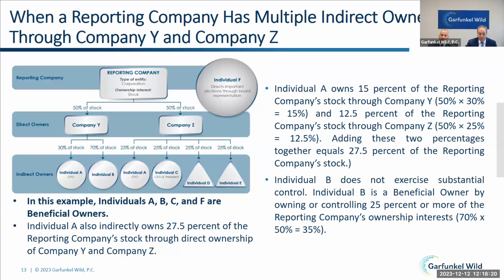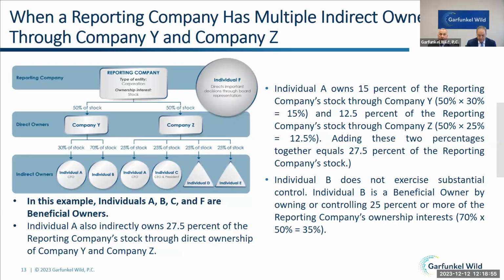Right. So if you take a look at the lower corner, you're going to see individual A has 30% of company Y. Company Y has 50% of the reporting company. And then later on, you're going to see that A also has 25% of company Z. Company Z has 50% of the reporting company. So it's as a result of the indirect ownership, what we call attribution, that A's interest equated and aggregated to 27.5% of the reporting company.